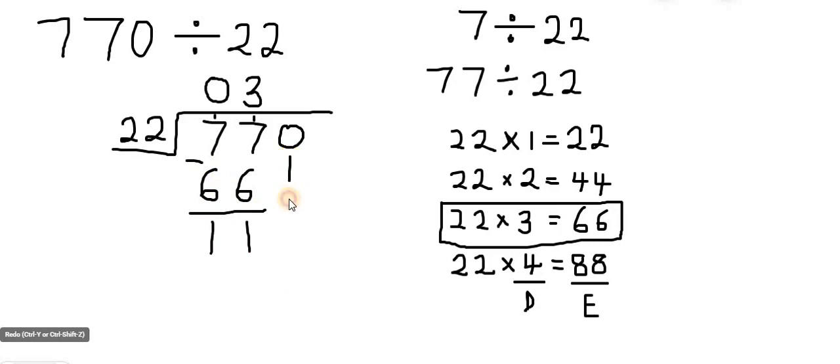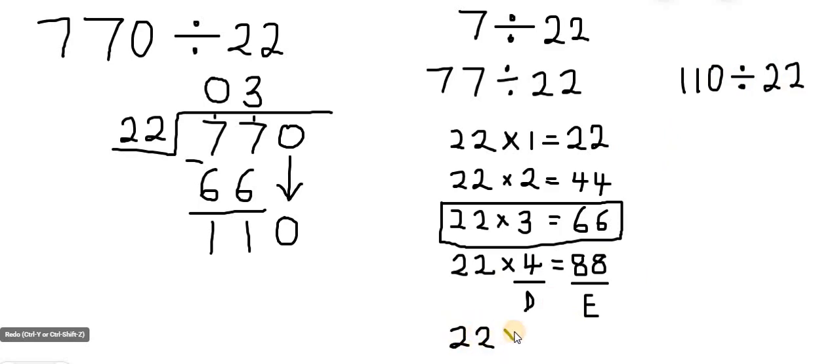Okay, so we bring down our remaining 0. That's 110. So now we need 110 divided by 22. Okay, so we need to keep on creating. So we go on to 22 times 5. So add another extra 22 to 88.